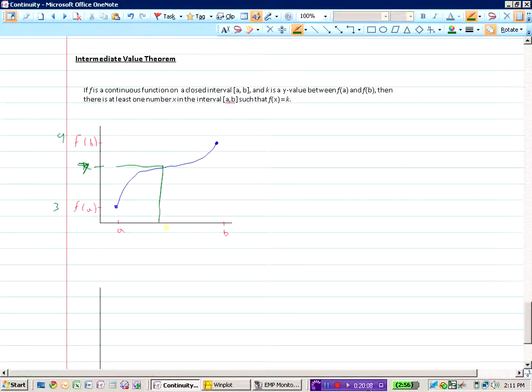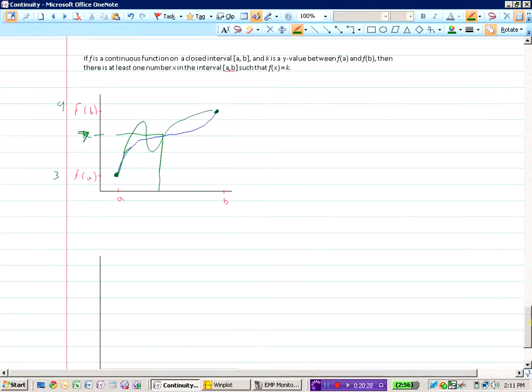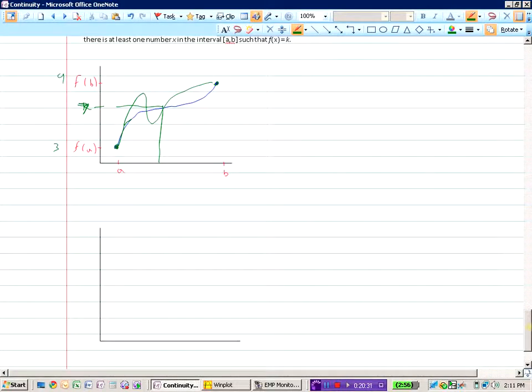There's no way you could go from this point to this point without crossing that line of 7. You might cross it more than once. The graph might do something like that. But there's going to be at least one place where you will hit, in this little example here, 7. Or if you think of the sky ride, 700 meters.